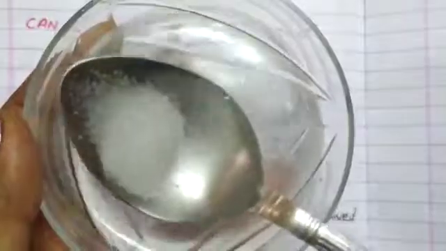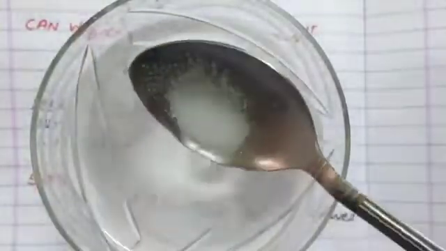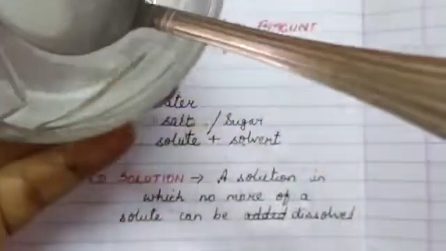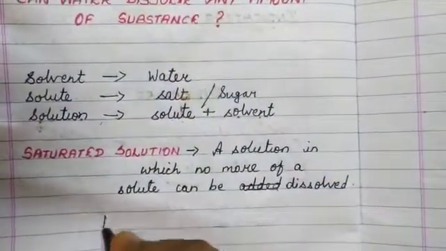Now this is called a saturated solution. That means now you cannot dissolve more salt in it. This solution has become saturated. If I wish to add a little more salt still, how can we add it? We can add it by heating the solution. What will happen if we heat it?